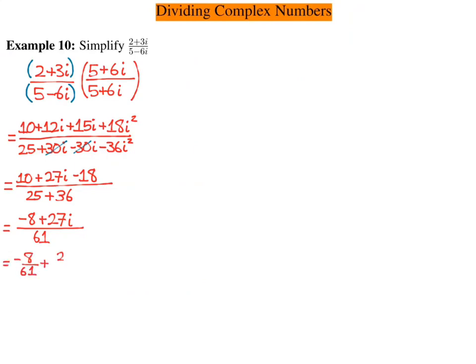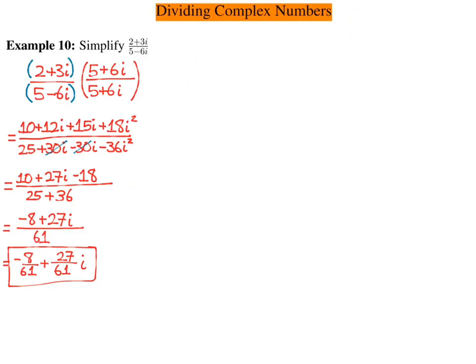So -8 over 61 plus 27 over 61, and then the i on the side. Just that a plus bi form thing, and we'll mention that in class. Anyway, that's it for that one. I said that's it, but a relatively complex set of things to accomplish.